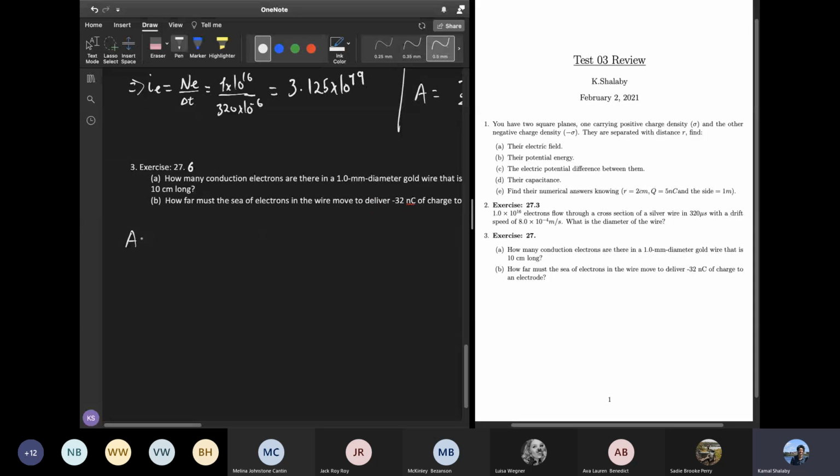So the area again is equal to pi (d over 2) squared.